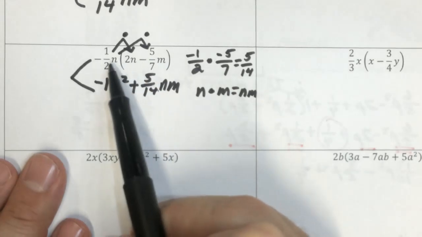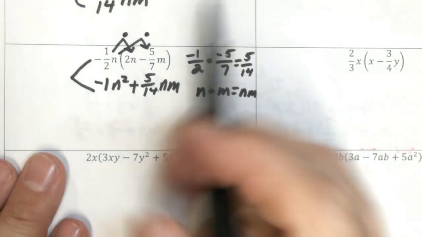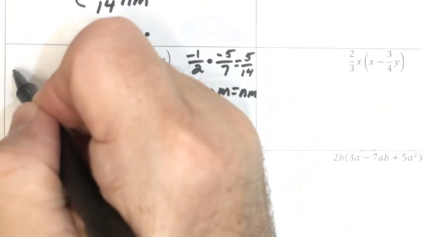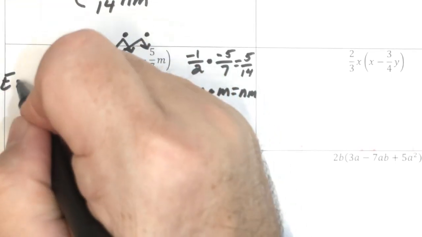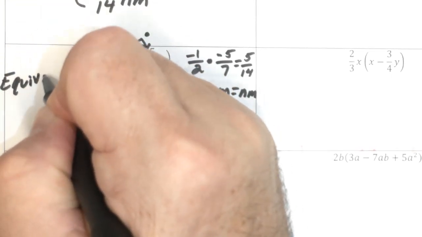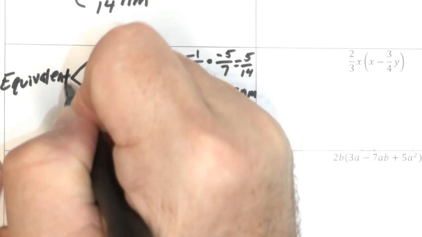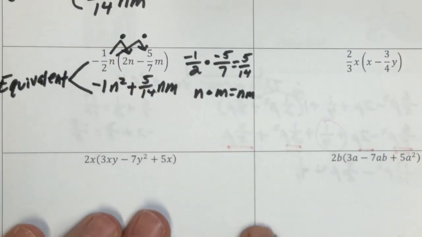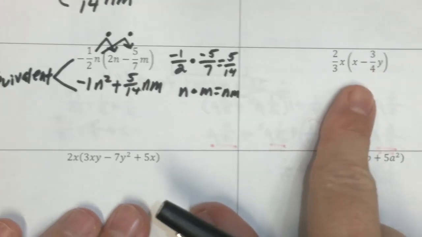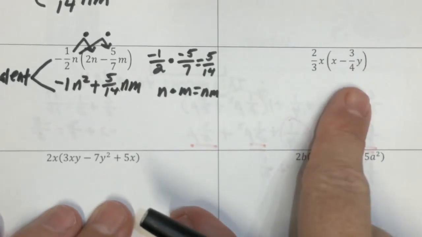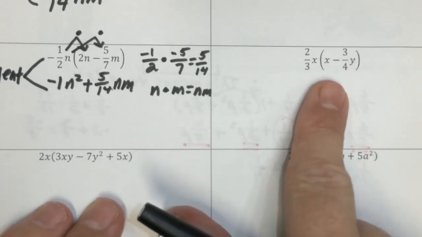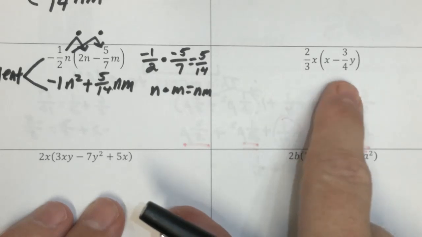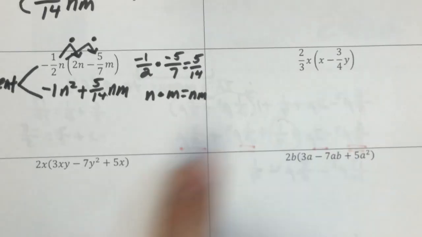After we distribute, we get this. These two are equivalent, so make sure you write that. Go ahead and pause the video, and then you're going to do this one and get a check mark from Mr. Adams. Once you do that, come back to the video. Alright, here we go.